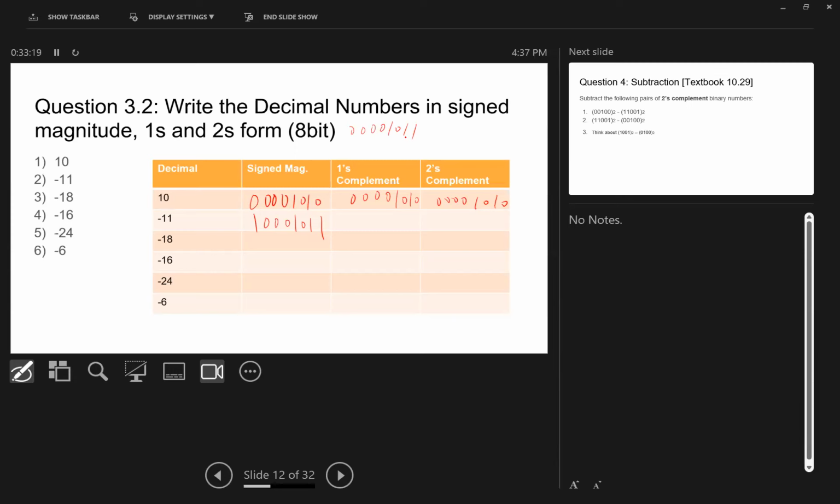So we transform the 11 to the 8-bit unsigned binary representation, and since we have a negative symbol, we flip all the bits to get the 1's complement representation. The result should be 1, 1, 1, 1, 0, 1, 0, 0. For 2's complement, we add 1 to this representation, and the result should be 1, 1, 1, 1, 0, 1, 0, 1.